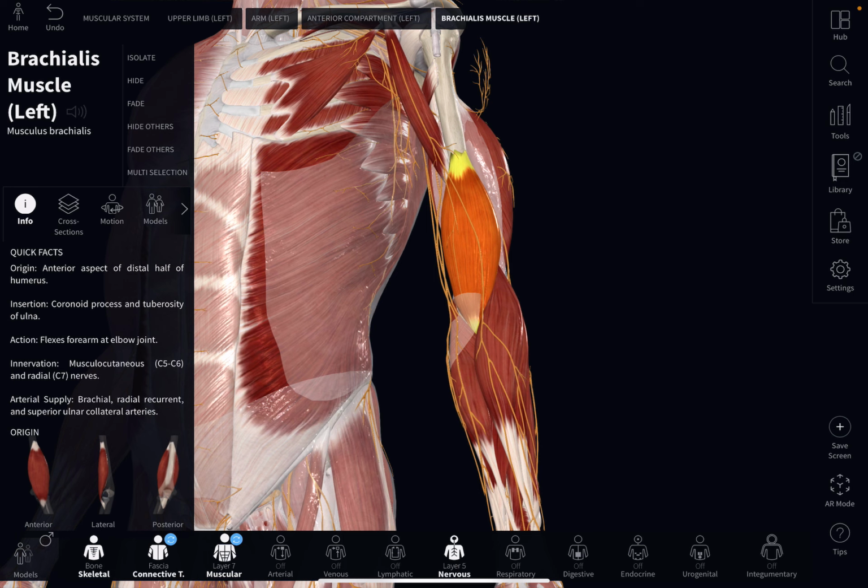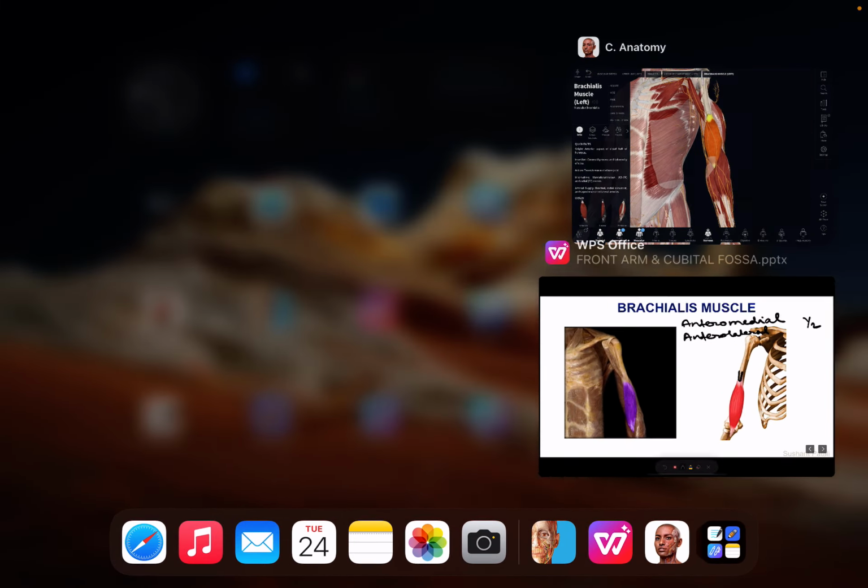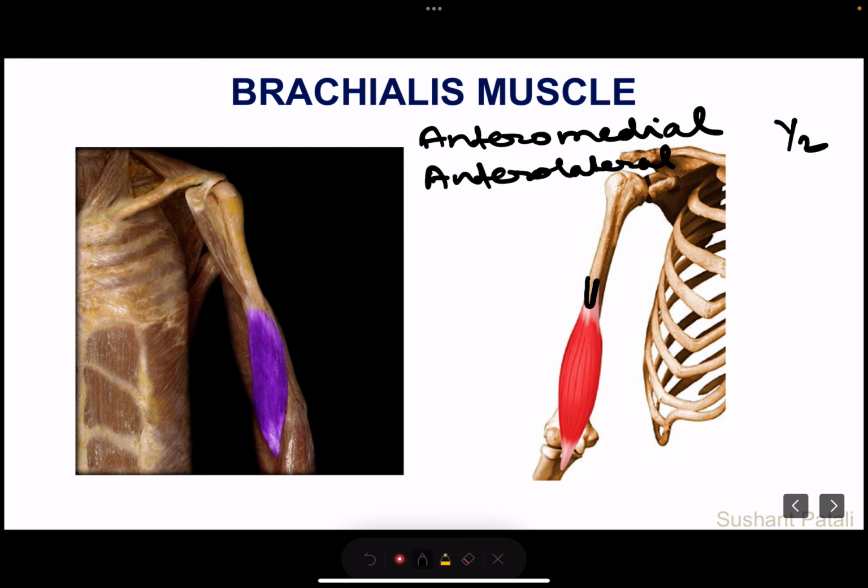Brachioradialis from the upper two-thirds of the lateral supracondylar ridge, and the extensor carpi radialis longus from the lower one-third of the lateral supracondylar ridge. So these muscles have a part of their origin from the arm. Okay, so they are not muscles of the arm, they only have their origins in the arm. All right, so that's about the muscles of the front of the arm.